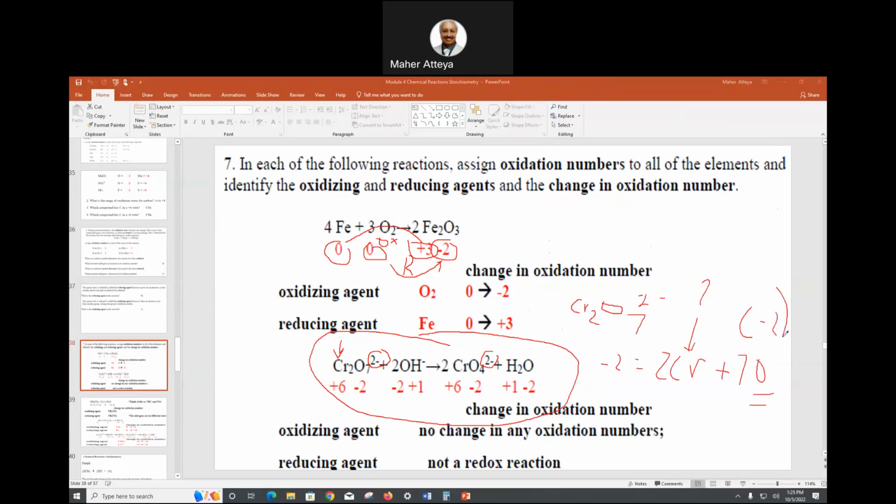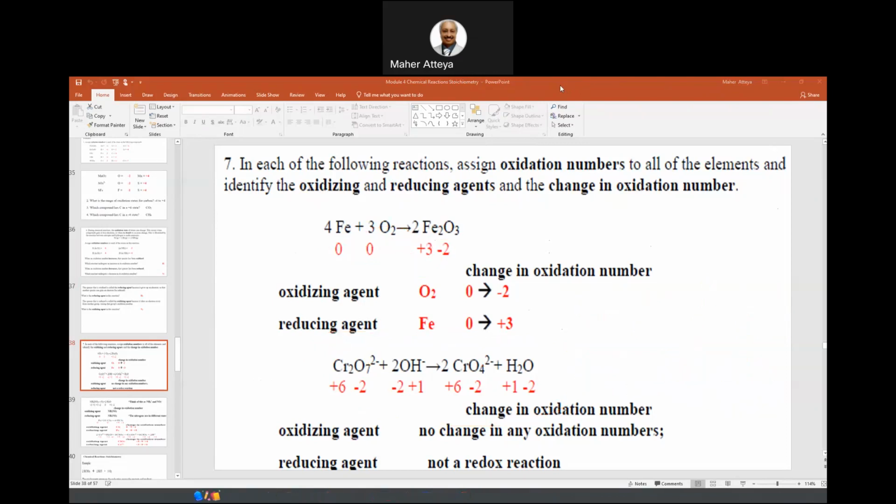So minus 2 equals 2 chromium minus 14. Why minus 14? Because 7 multiplied by minus 2. Oxygen is always minus 2, so we have minus 14.